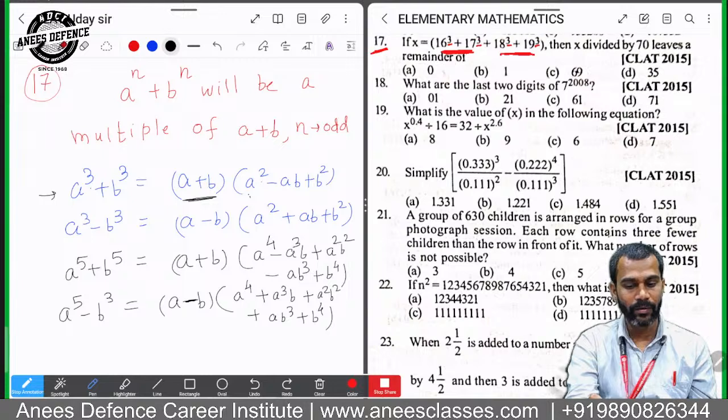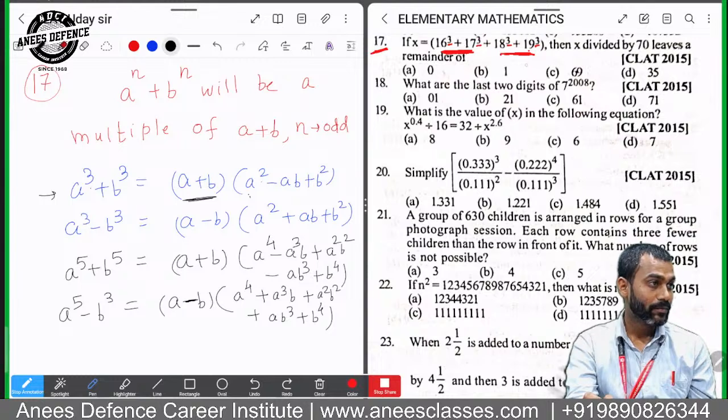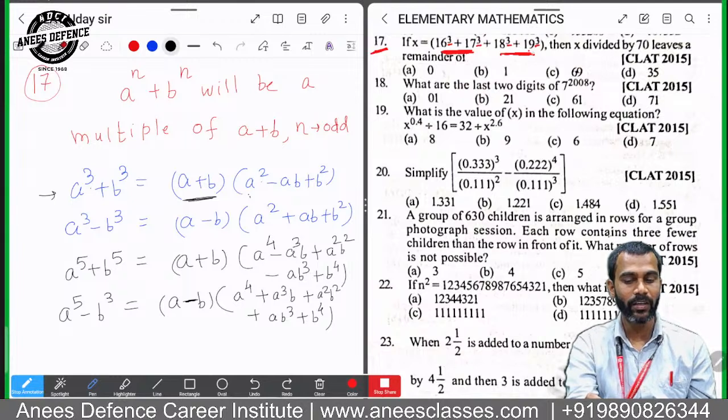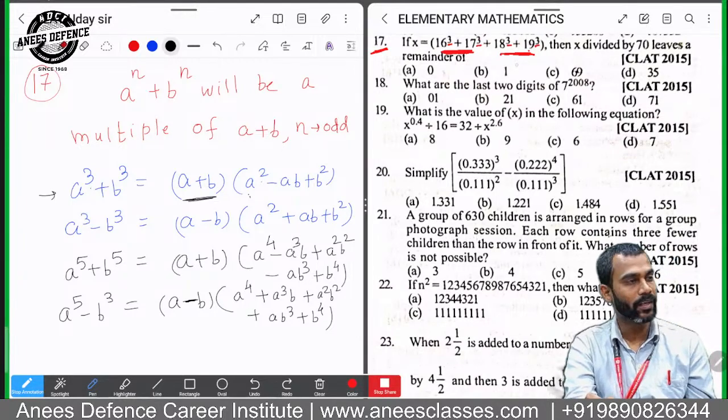Here, what would be the factor? 19. If you add 16 plus 17 plus 18 plus 19, that is nothing but 70. 16 plus 17 is 33. And 18 plus 19, 37. If you add all of them, it becomes 70.